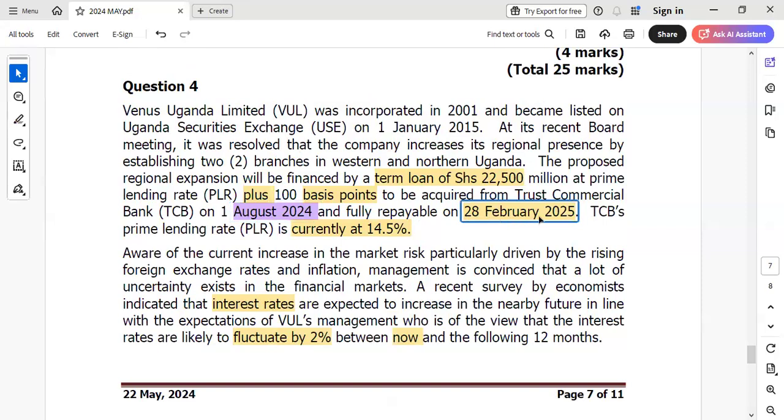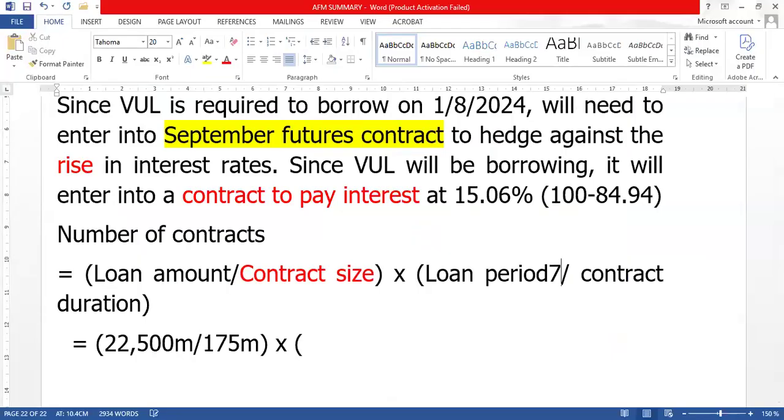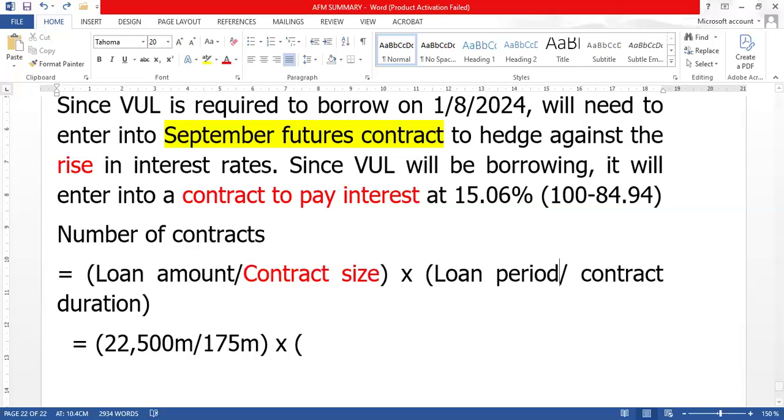So use your fingers; August is inclusive and Feb is inclusive. I normally count from the transaction date up to the year end: August, September, October, November, December. Those are 5 months. I add 2, so those are 7 months. Use fingers when you're in an exam.